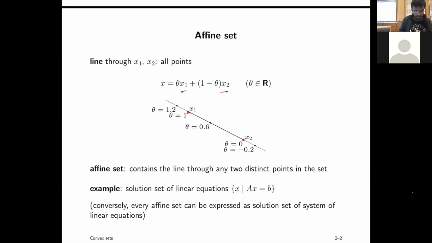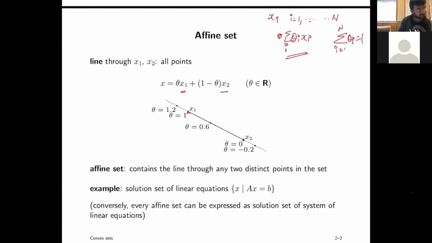For example, you have xi, many xi, i equal to 1 to n. An affine combination is a combination like the sum of theta_i x_i, provided that the sum of theta_i equals 1.